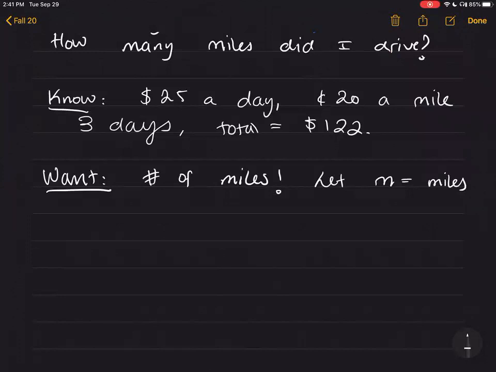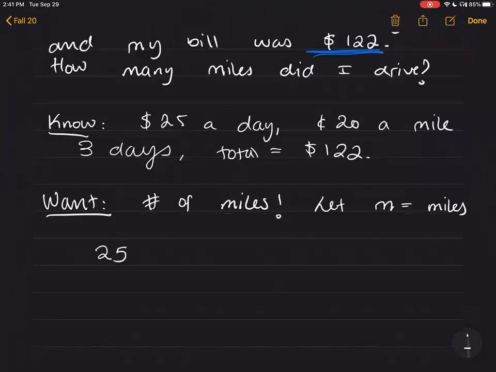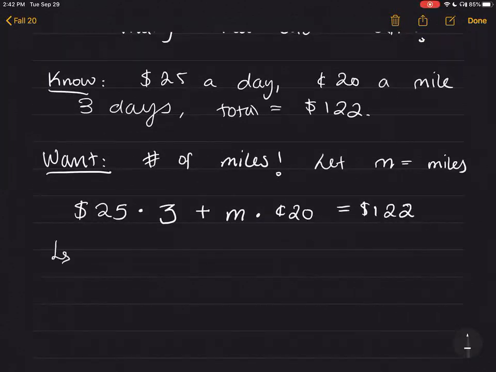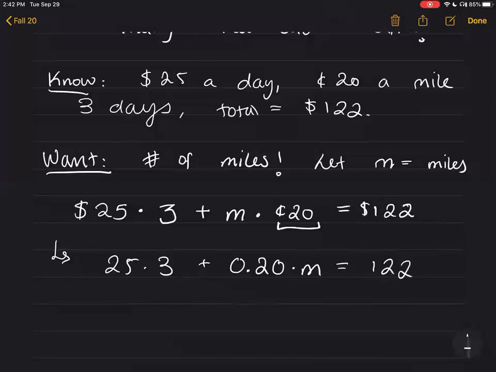So we know the cost of the renting is $25 a day, and we know we drove for 3 days. So that's going to factor in. And then this adds on to some number of miles times 20 cents, right? And this all added up together should be $122. So if we write this out, we'll have 25 times 3 plus, and because cents are out of 100, I'm going to write this as 0.20 times m equals 122.